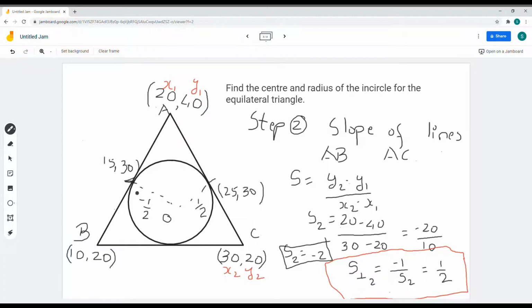So this is the perpendicular for S1 and the perpendicular for S2. Now, generally, in most cases, if you can show me the midpoint and the slope of the perpendicular, you generally get your answer.